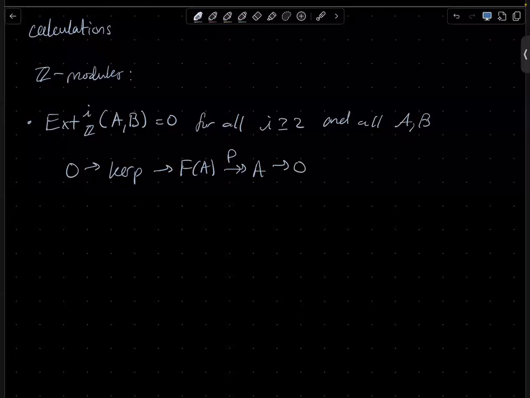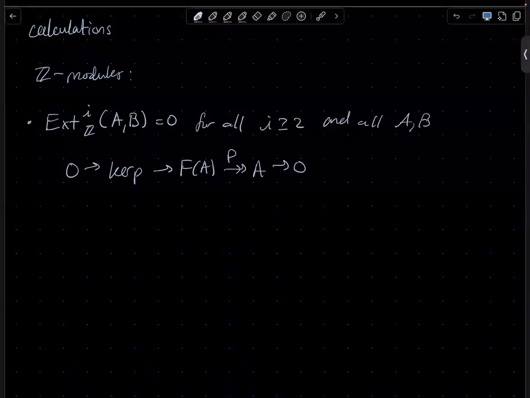You may object and say, okay, why is this a projective resolution? The point is that the kernel of P is free. It's because for abelian groups, and in general if R is a PID, then submodules of free modules are free. That is a serious fact that we are using here.